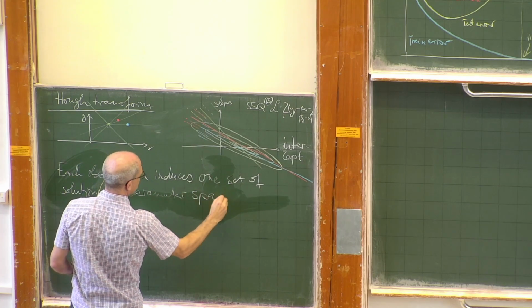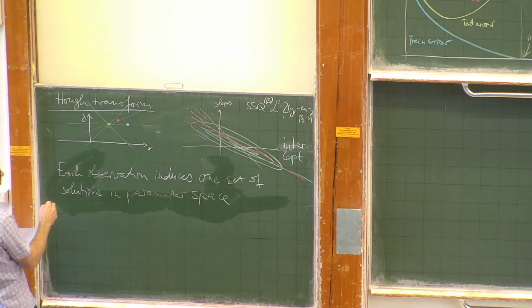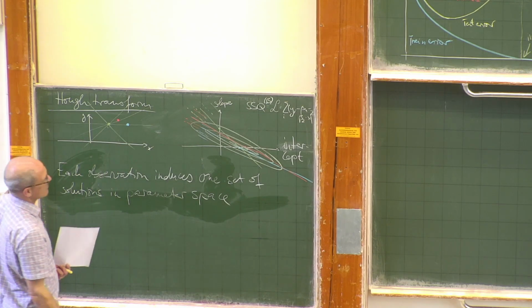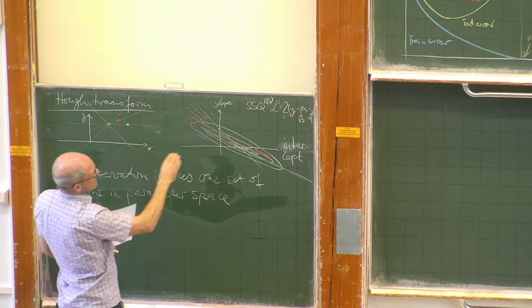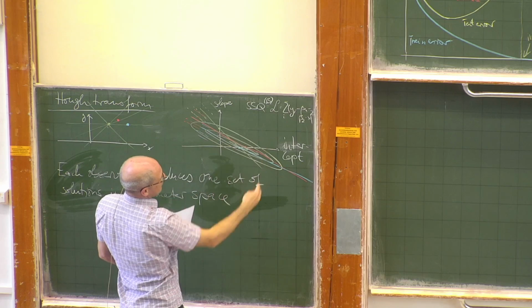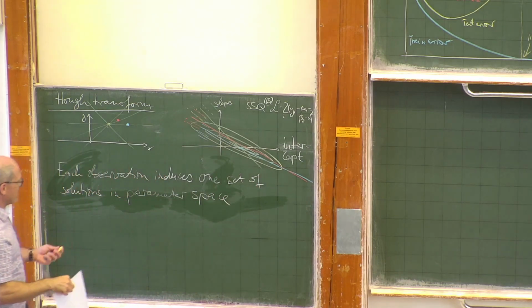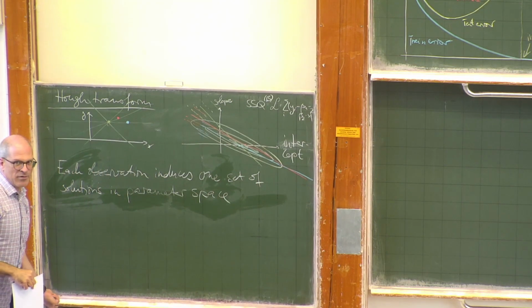So I've written here, each single observation induces one set of solutions in parameter space. And here, unfortunately, I have 3 observations, and the 3 sets of solutions that they induce are not compatible.